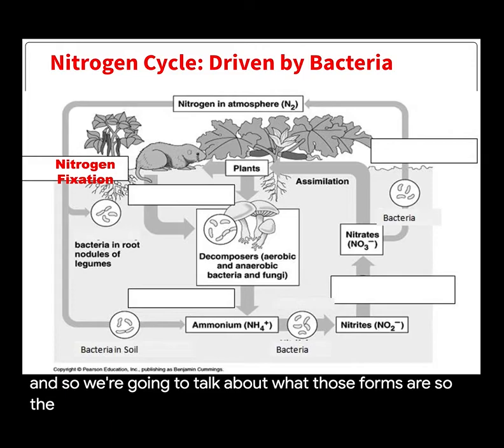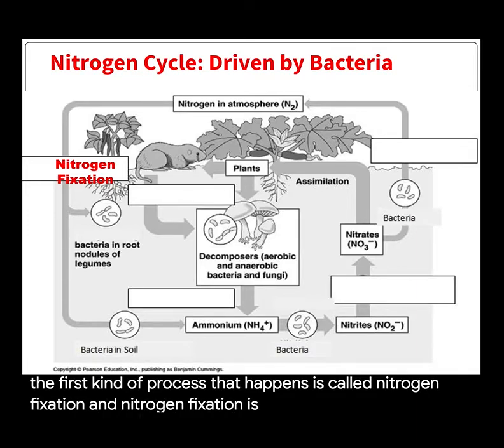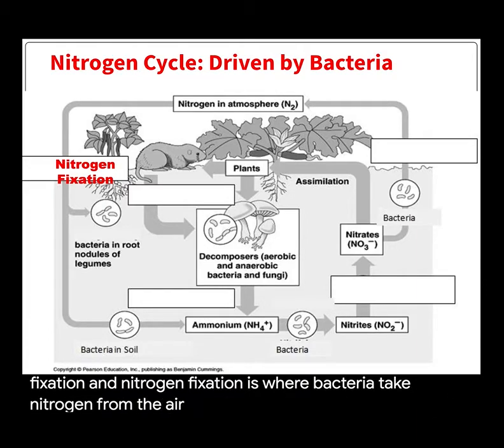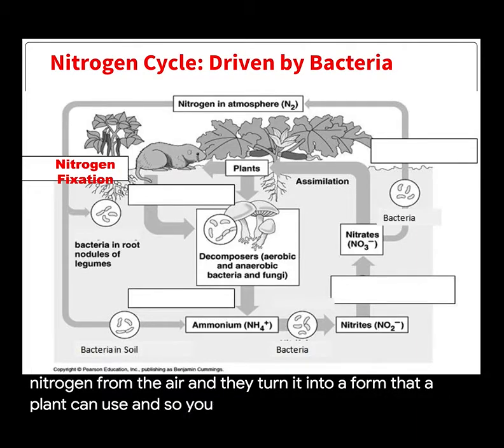So the first kind of process that happens is called nitrogen fixation. Nitrogen fixation is where bacteria take nitrogen from the air and turn it into a form that a plant can use. And you can see that here in the image.